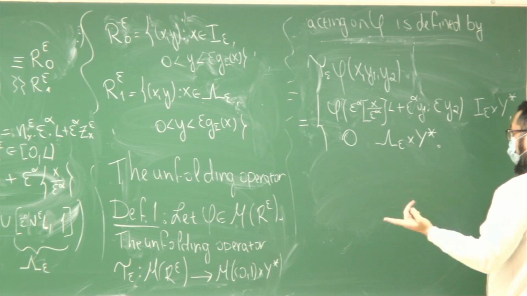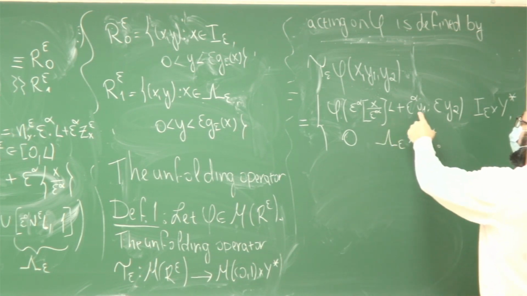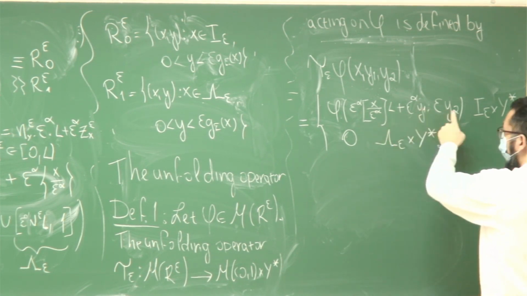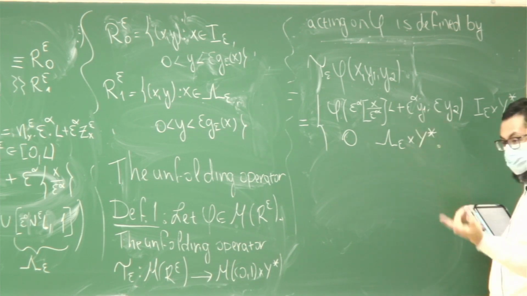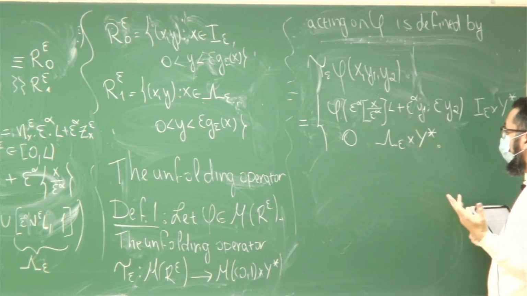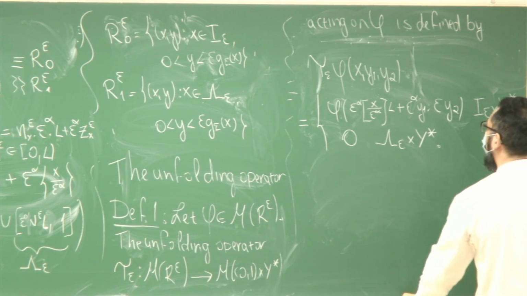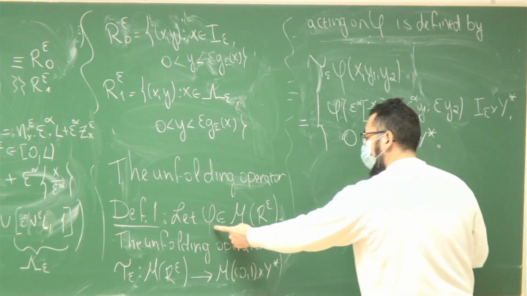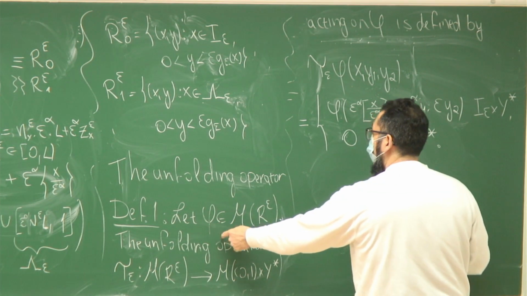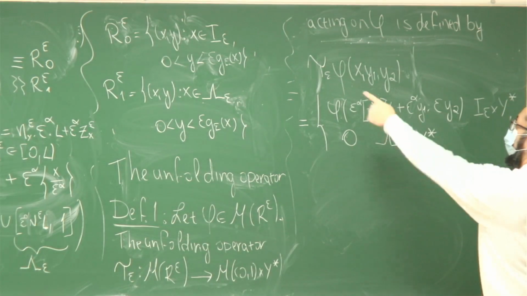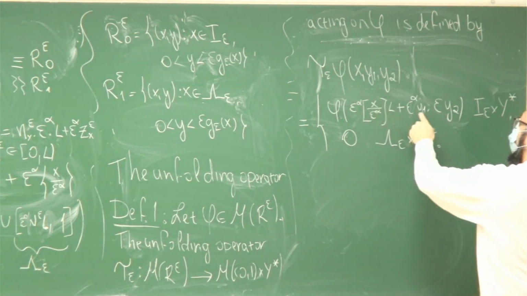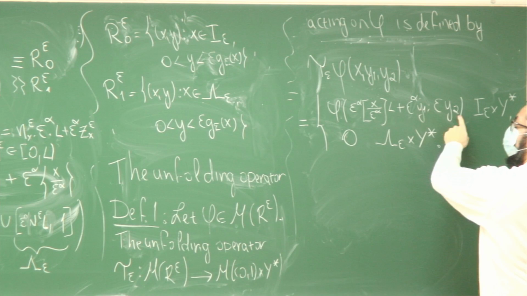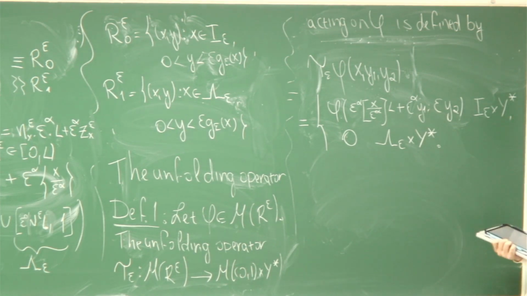But you will be able to take derivatives in y1 and y2 with no loss. Basically, all the regularity that phi has will be inherited by T epsilon of phi as a function of y1 and y2.